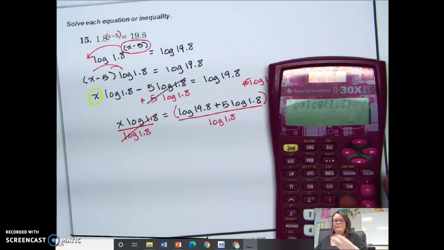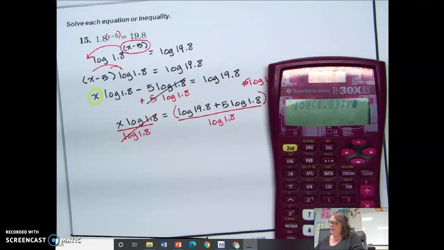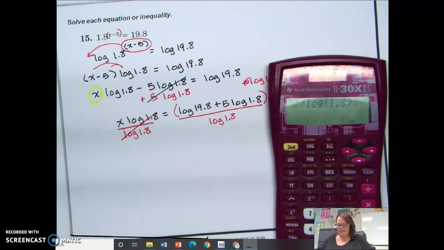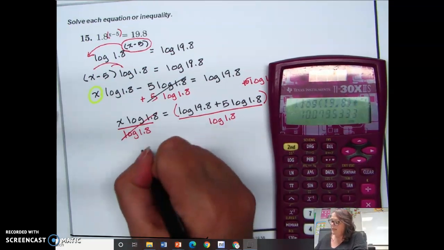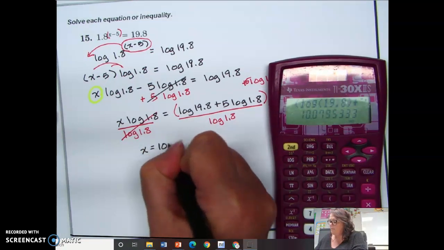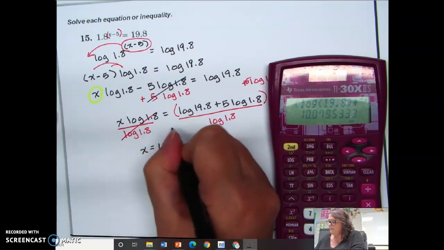And then we need to close the parentheses for the numerator. Then divided by the log of 1.8, close it, and equals, and we should get x is equal to 10.0795.